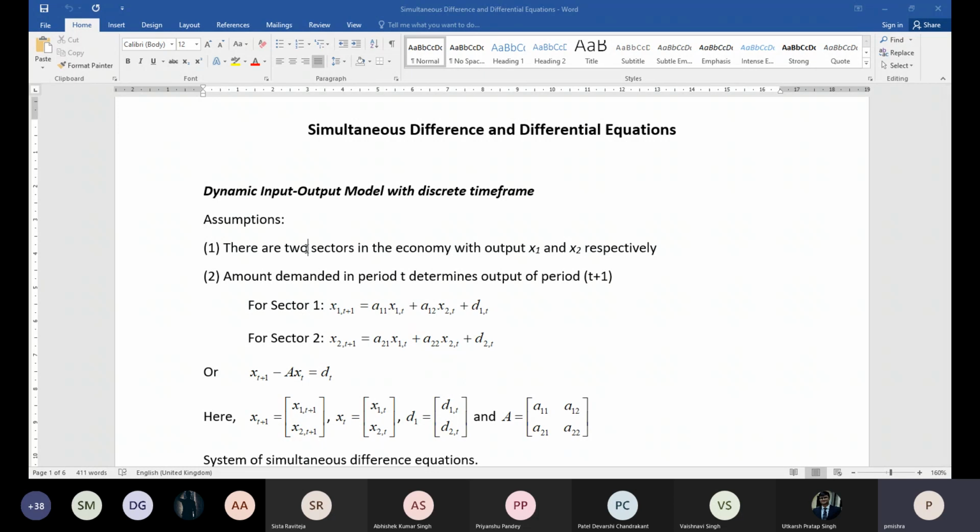We had discussed the input-output model. In module 1, I talked about the input-output model, but I discussed that in a static framework. And here, I'm discussing it in a dynamic context. I'm assuming that there are 2 sectors in an economy, and the outputs of the 2 sectors are X1 and X2.